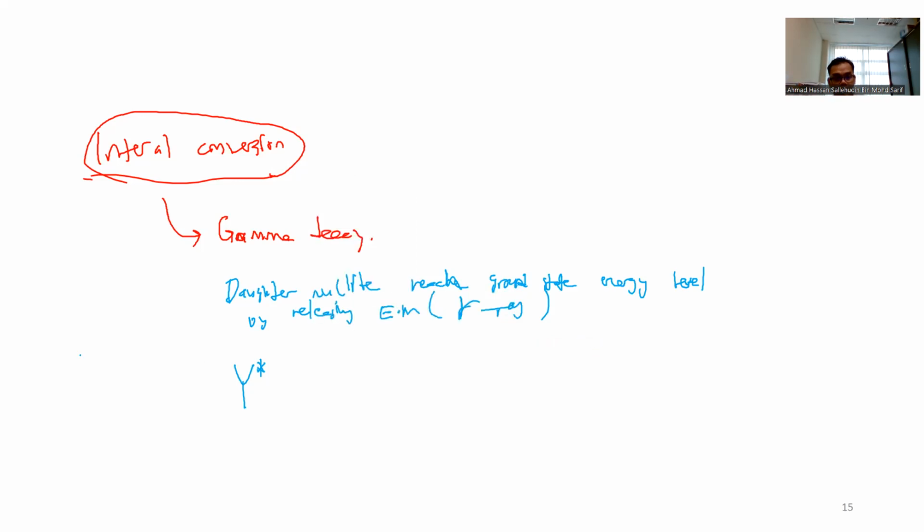It doesn't matter whether it came from alpha decay, beta plus decay, beta minus decay, or electron capture. So we don't know whether it is A or not, Z or not, N or not. Basically, it's becoming stable. When stable, there's no more asterisk sign. So this is the gamma decay.